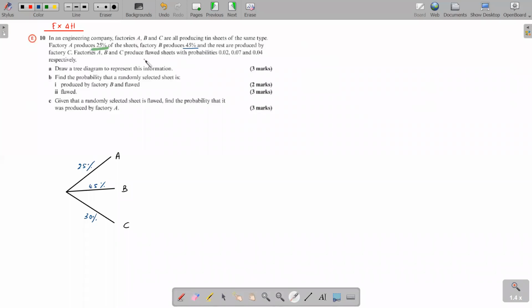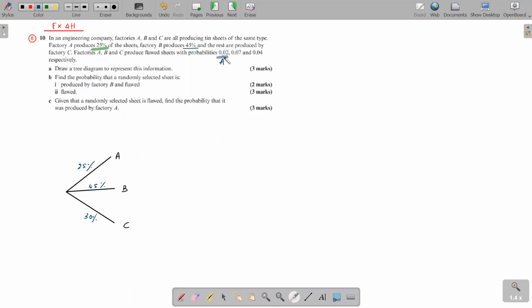All right, guys. So then they say factories A, B, C produced flawed sheets with probability 0.02, 0.07, and 0.04. You need to understand 0.02 is the probability of getting a flawed sheet from factory A. You need to ask yourself the question, what is the remaining probability?